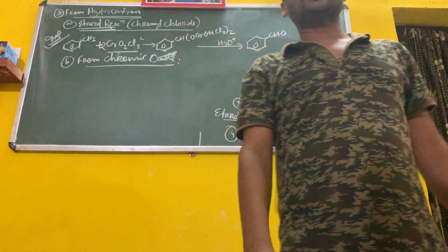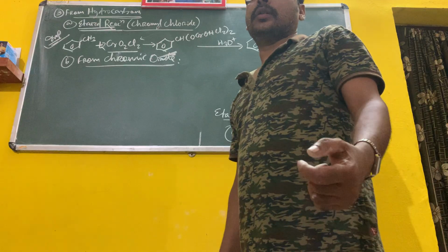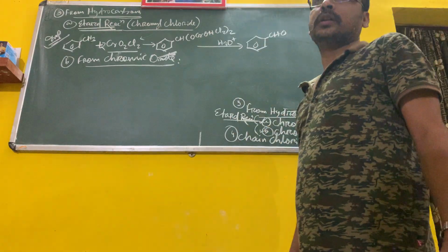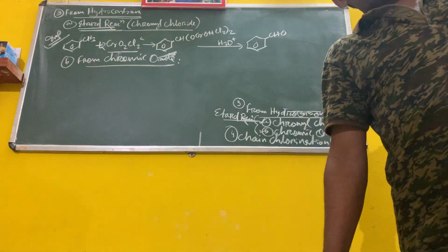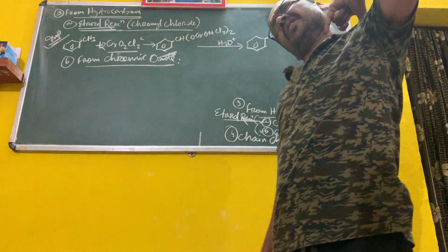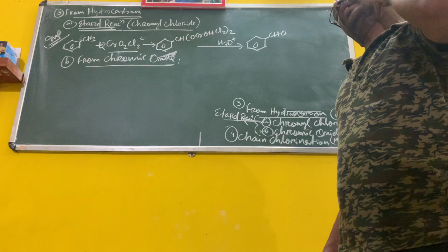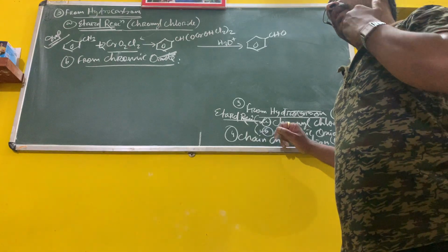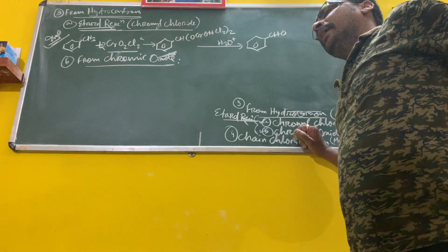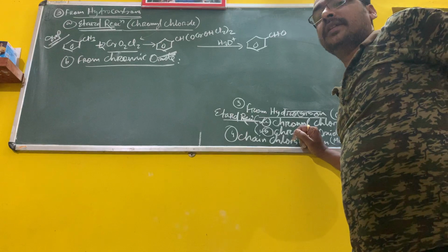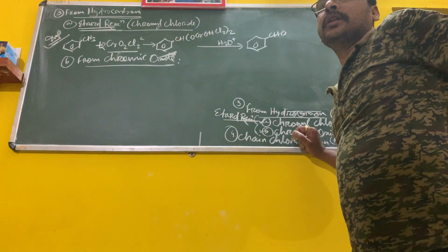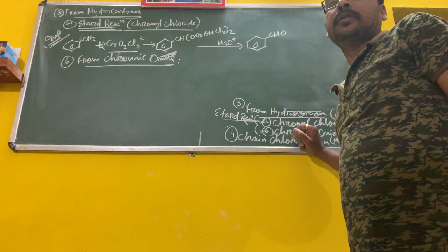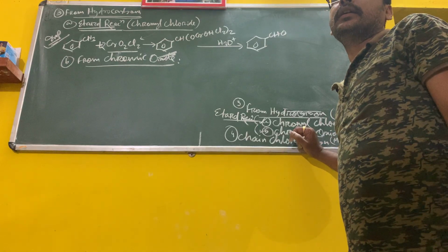When methyl benzene is treated with chromic oxide, that is CrO3, previously we have read the oxidation of alcohol to form aldehyde, with mild oxidizing agents CrO3 and PCC. So that is known as chromic oxide, in presence of acid anhydride.